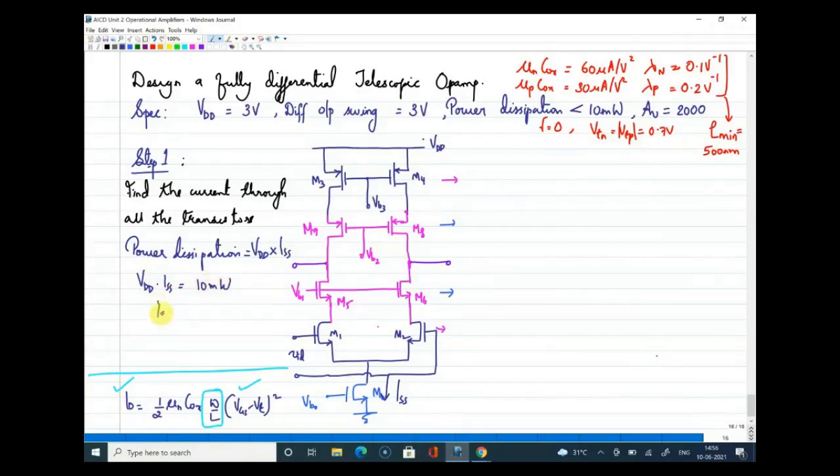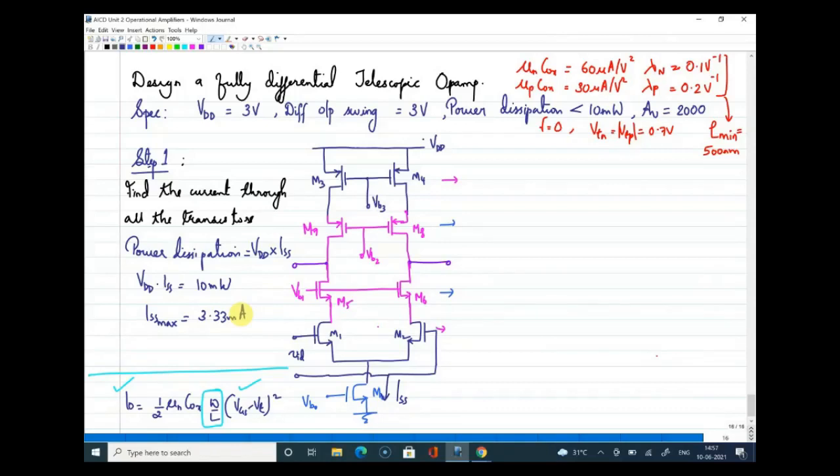Given VDD, you can find ISS, and the maximum current you can use in the circuit is 3.33 milliamps. That is the maximum current you can use directly from the calculation, so ISS max is equal to 3.33 milliamps. Now a designer should thoughtfully allocate the current through different branches and make sure that the total current does not exceed that of the 10 milliwatt power.